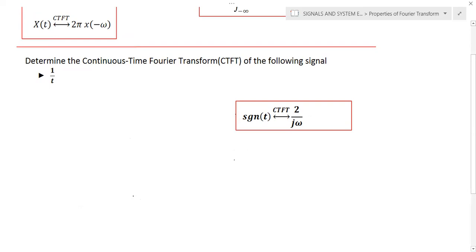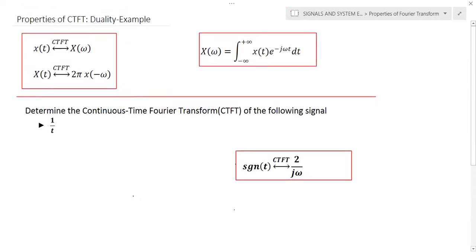Here, determine the continuous time Fourier transform of the signal 1 by t. Here also you can apply the duality theorem, because it's a slightly modified version of the previous question. Here we can see the 2 by j omega, that is t in the denominator here, omega. So you can apply the duality theorem here.